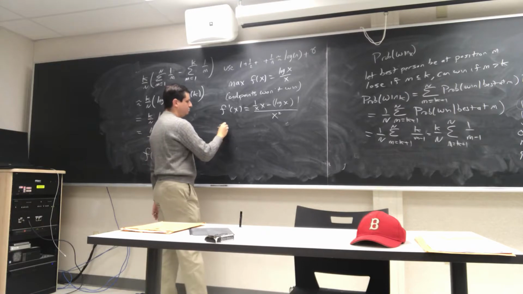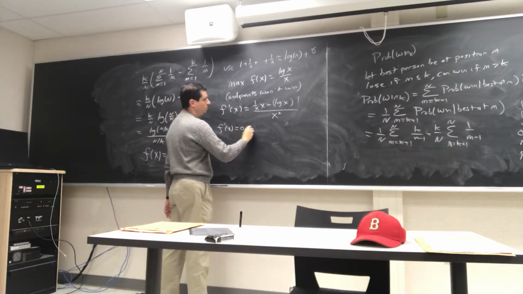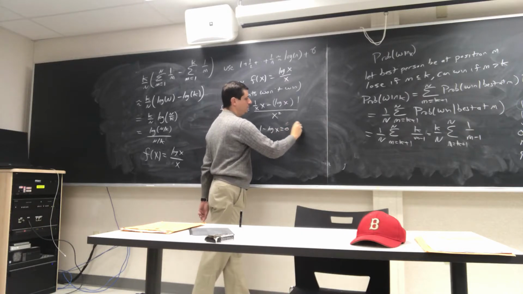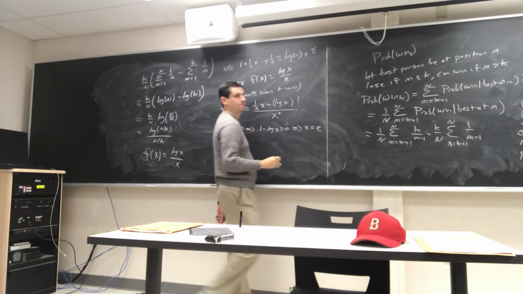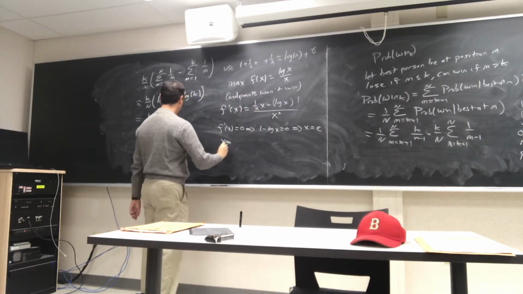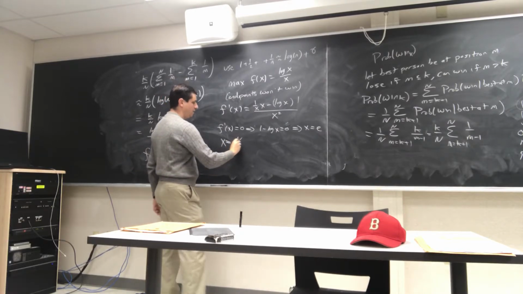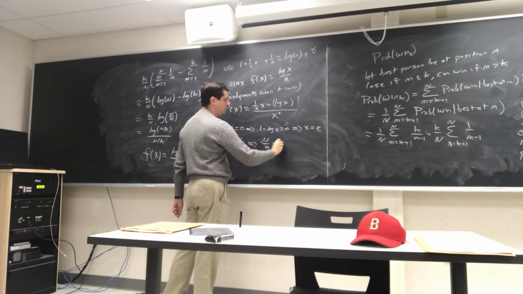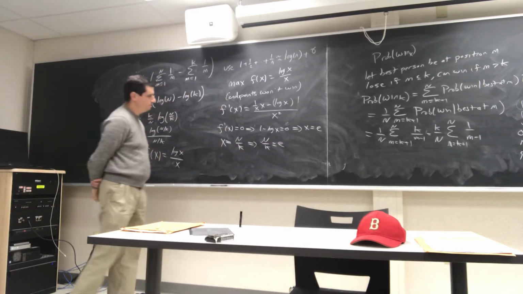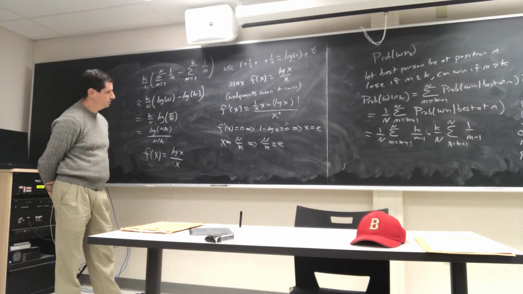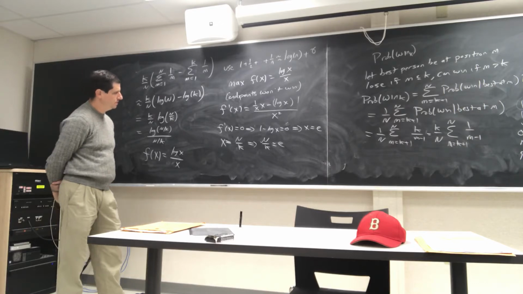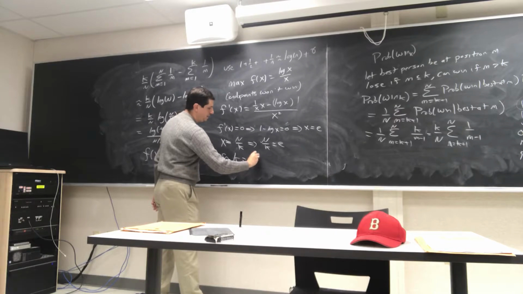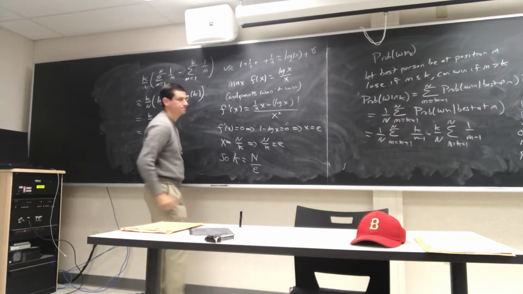So f prime of x equals 0 means 1 minus the log of x equals 0 means x equals e. Well, x is equal to n over k, therefore n over k equals e. Is this right? Yes. So k is equal to n divided by e.